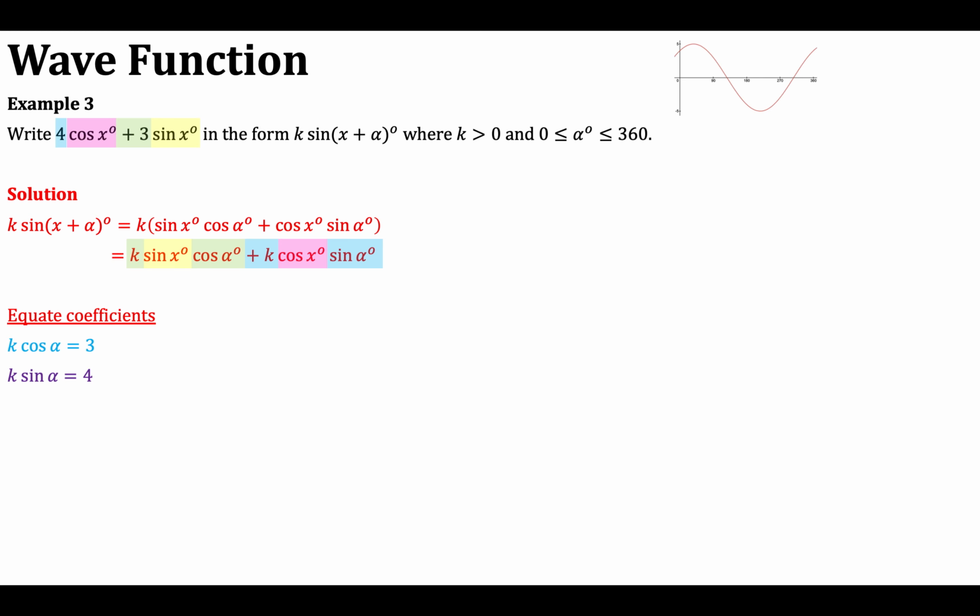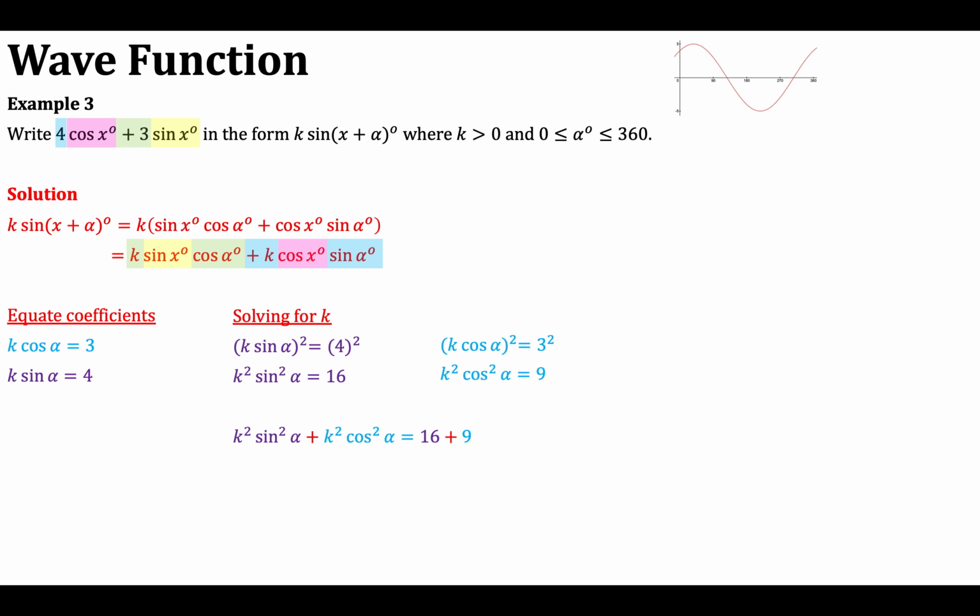Now we have our simultaneous equations. We need to look at solving those. Firstly, we'll solve for k. We'll square each of our equations to get k squared times sine squared of alpha is equal to 16, and squaring our other equation gives us k squared times cos squared of alpha equal to 9. And if we add these together, we get k squared times sine squared of alpha plus k squared times cos squared of alpha is equal to 16 plus 9.